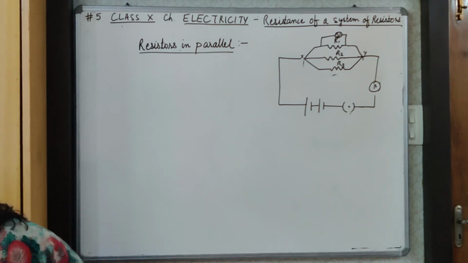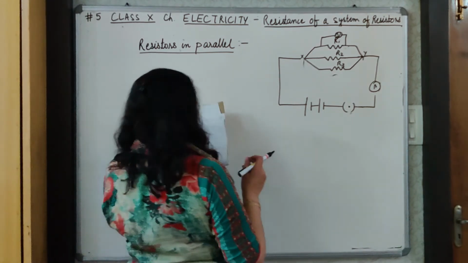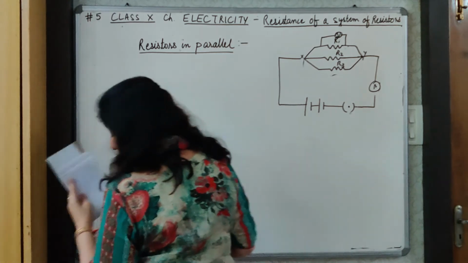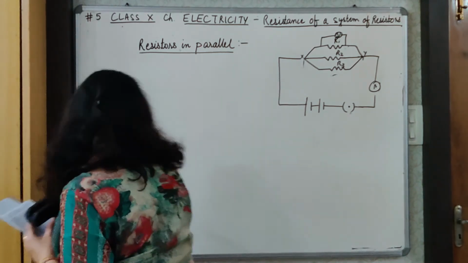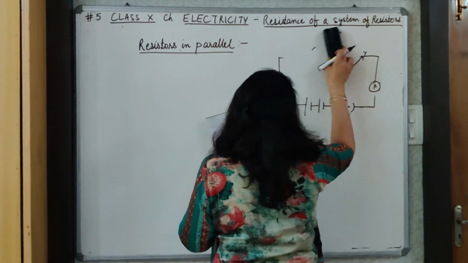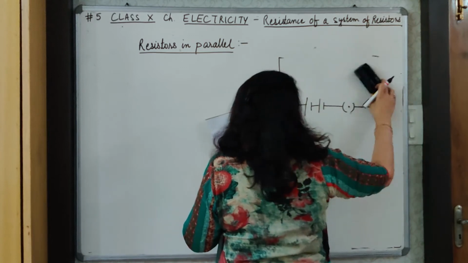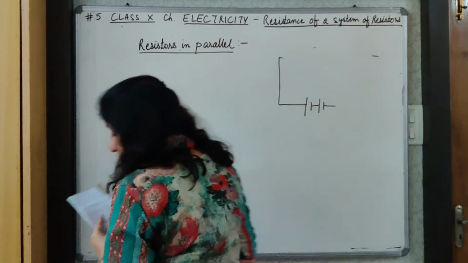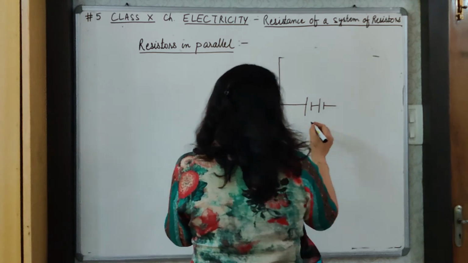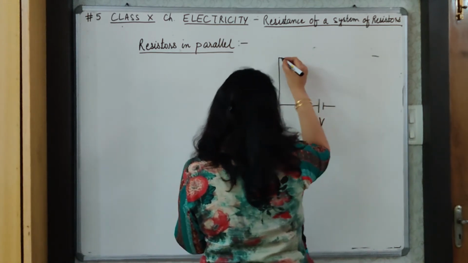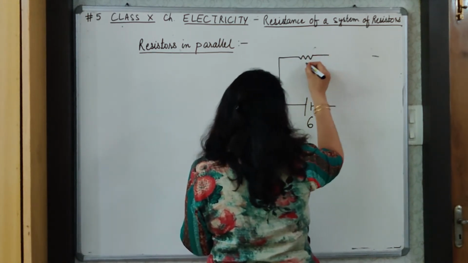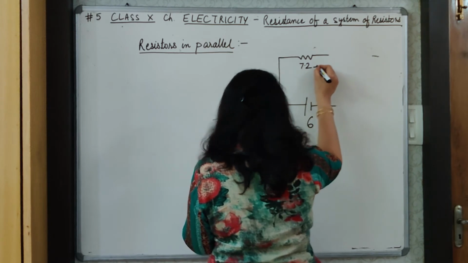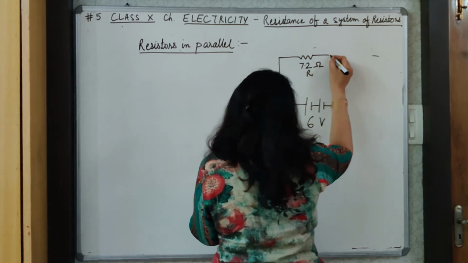So one question I have here for which a circuit diagram is given. This is the circuit diagram given in the question itself. This is a 6 volt battery. There is one resistance over here, 7.2 ohm, named as R1.